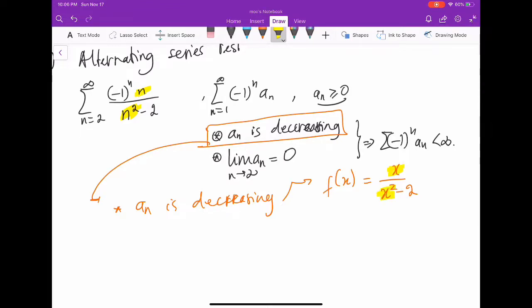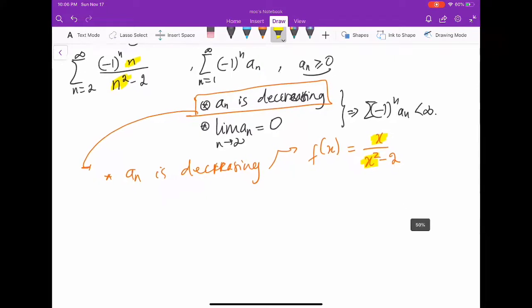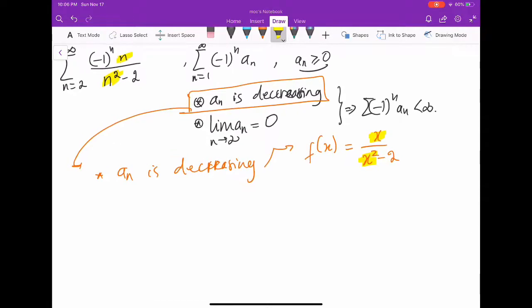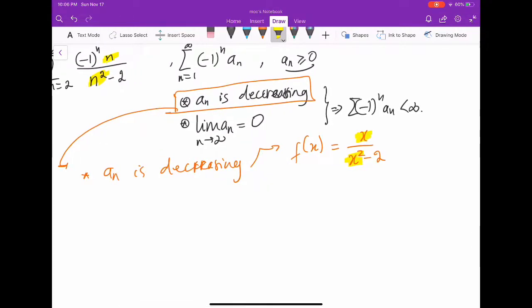We can prove that this function is decreasing, which is equivalent to the derivative of this function being negative for big N of x. Again, we just care about big N of x. So let's find the derivative of this function.